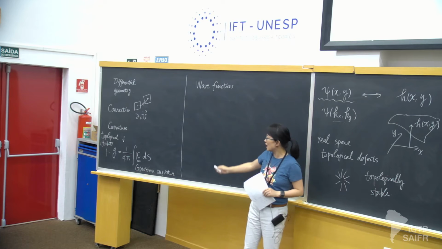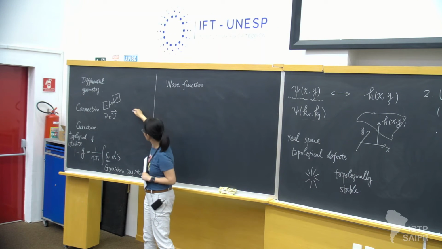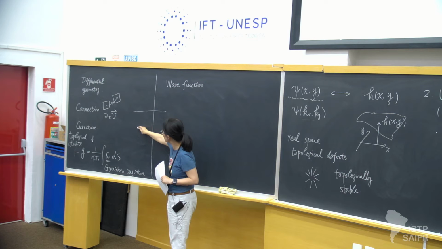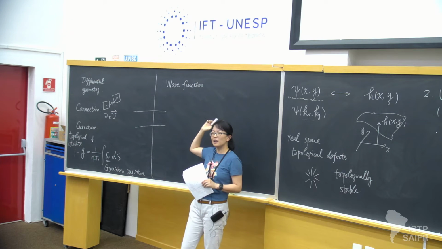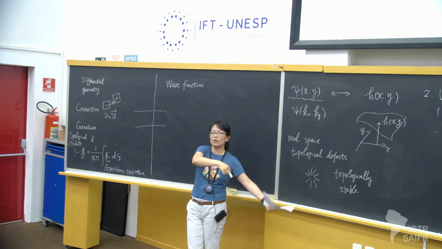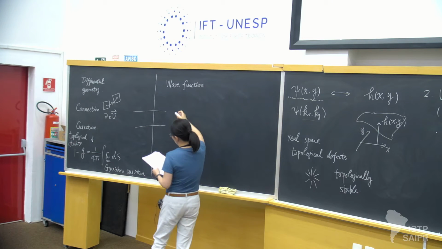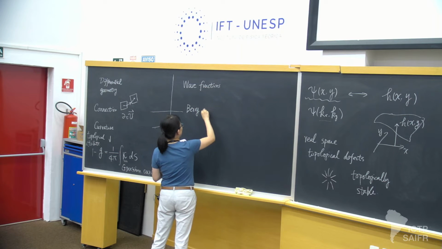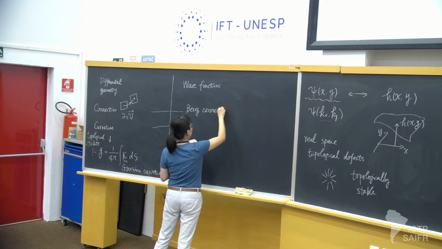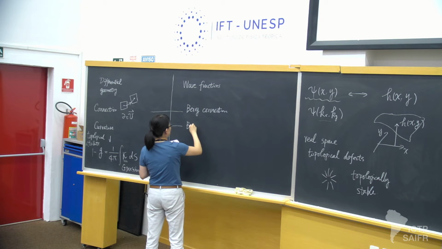It turns out that there is a direct link between connection and the curvature here, which we will define more rigorously as we talk through an example. So they map into the so-called Berry connection and the Berry curvature.